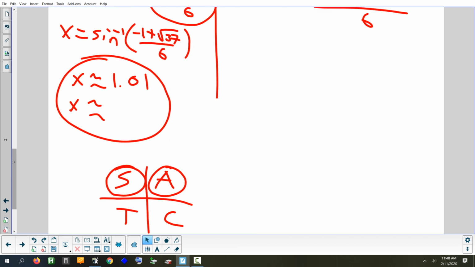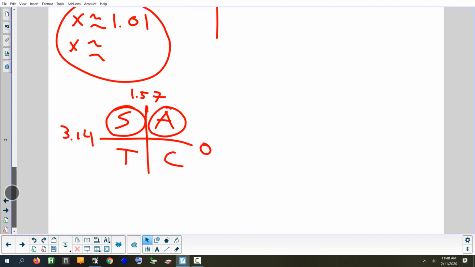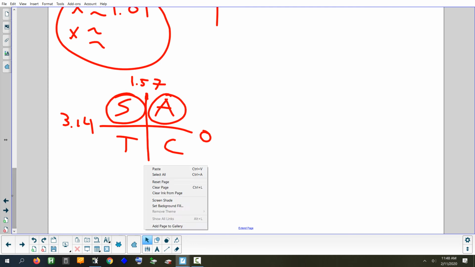Little trickier with radians to figure out your quadrant because it's not as nice as like 0, 90, 180. But remember, this is 0. This is 90, which is what? In radians. Pi over 2, which is 1.57. How about this one? Pi, which is 3.14. And this one? It's 3 pi over 2, which is 4.71.